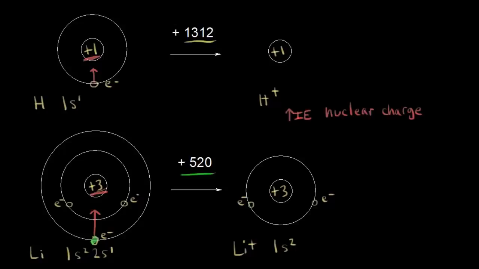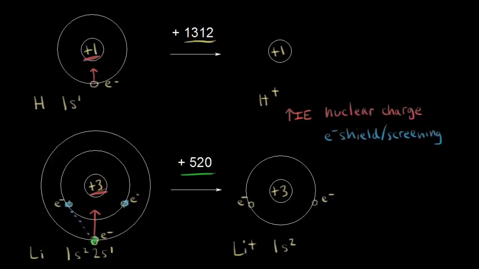All right, next let's talk about electron shielding. So electron shielding, or you could also call it electron screening. The idea of electron shielding is the inner shell electrons are going to shield the outer electrons from the positive charge of the nucleus. And let's look at lithium for an example of that. So we have these two inner shell electrons, and they are going to repel the outer shell electron.